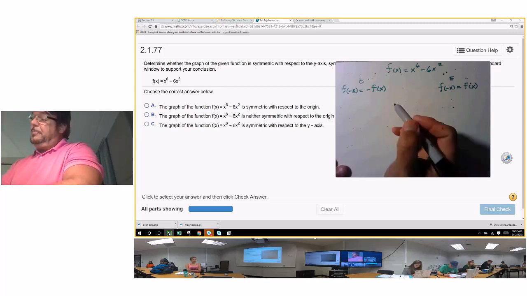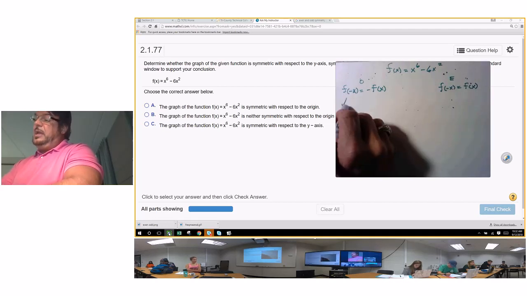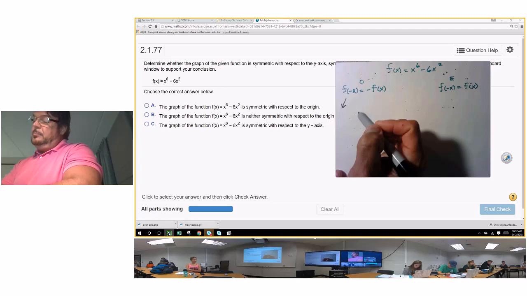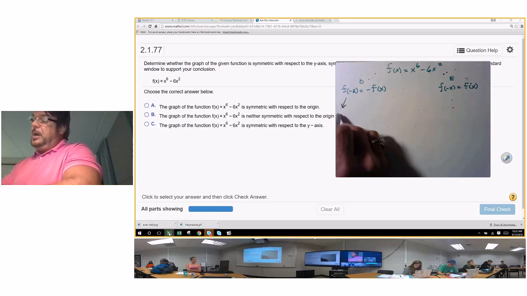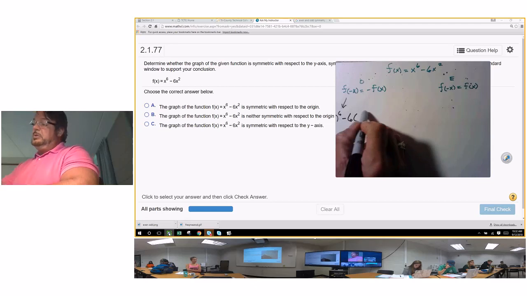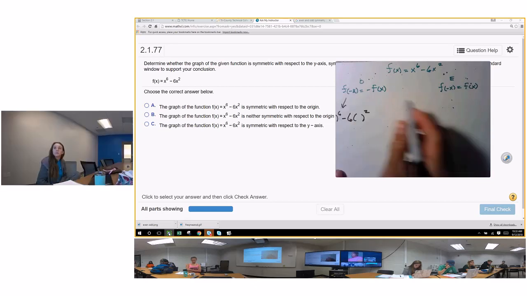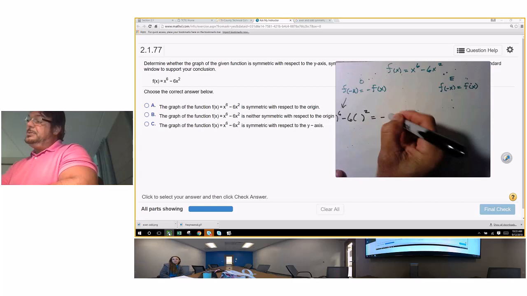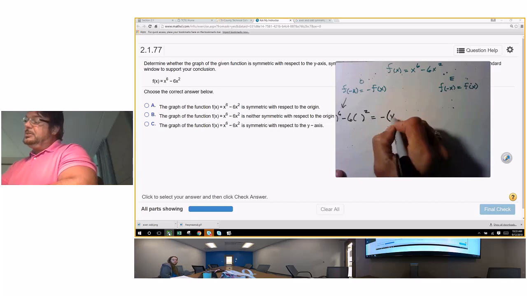So I'm going to write my function down, and instead of writing it with x's, I'm going to write parentheses to the 6th power minus 6 times parentheses squared, equals negative, parentheses, x to the 6th minus 6x squared.